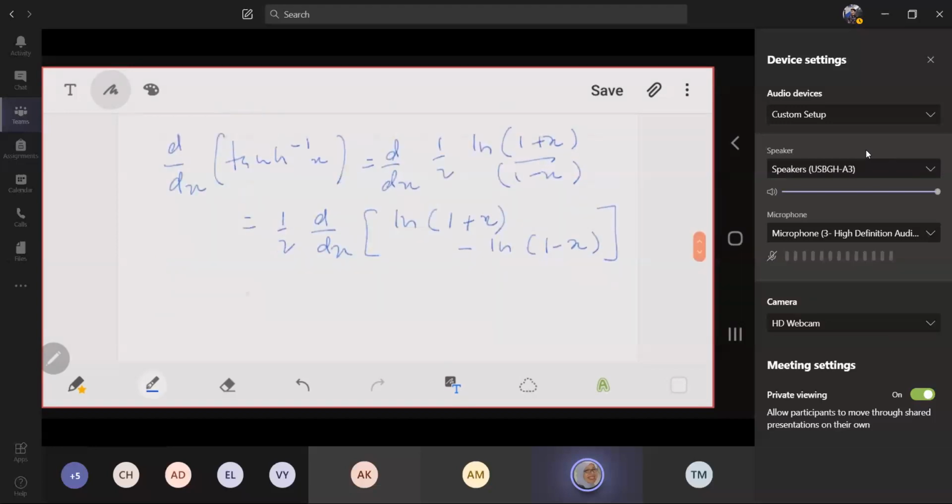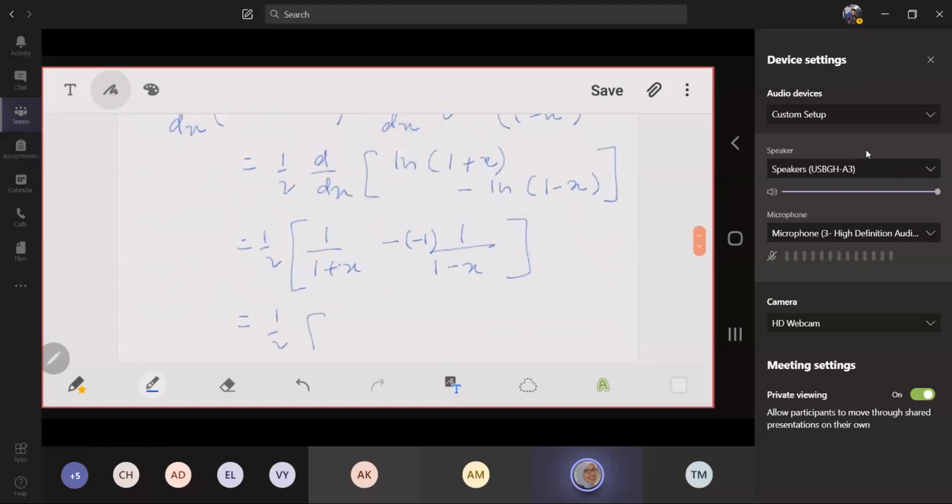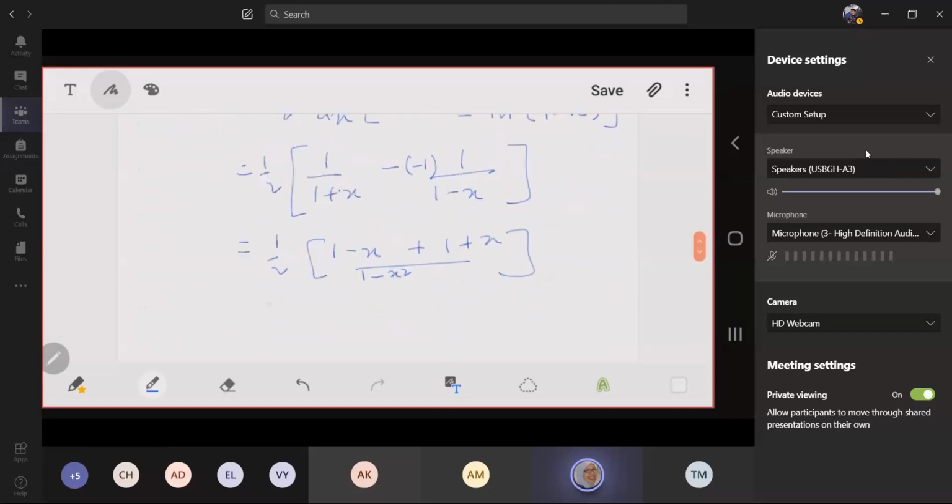So you get 1 on 2 times 1 on (1 plus x), and then minus, but minus, so plus, 1 over (1 minus x). So you get 1 on 2 times (1 minus x plus 1 plus x) divided by (1 minus x squared). Cancel, you get 1 on 2, 1 minus x squared. So that is the differential.